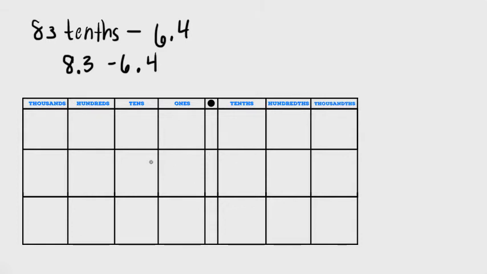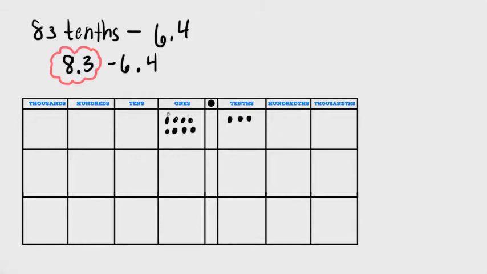First, we have 8 in the ones place. Remember, this is the number we start with, and we're removing the 6 and 4 tenths. So we have 8 starting, and we have 3 in the tenths place.